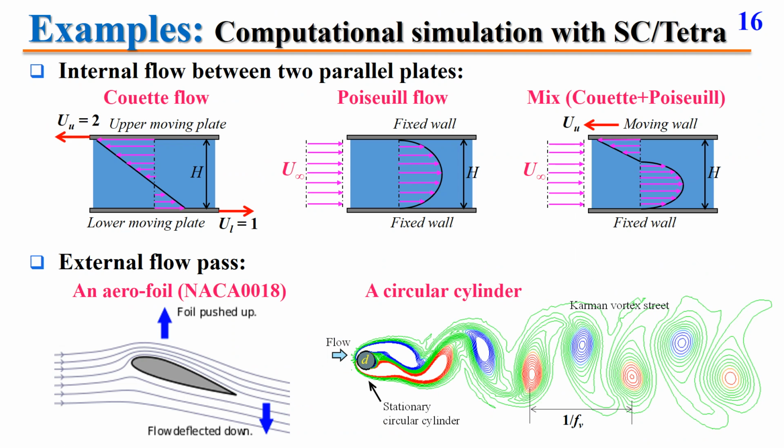And for this tutorial I will show you two types of flow. The first one is the internal flow, and the second one is the external flow. Okay, for the internal flow, I will simulate the very basic flow between two parallel plates.